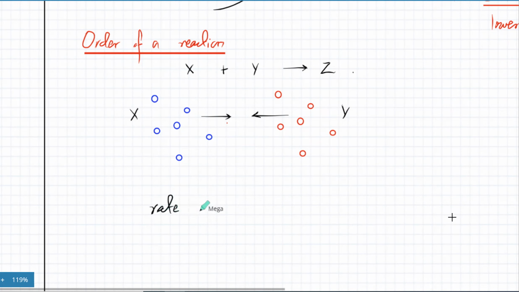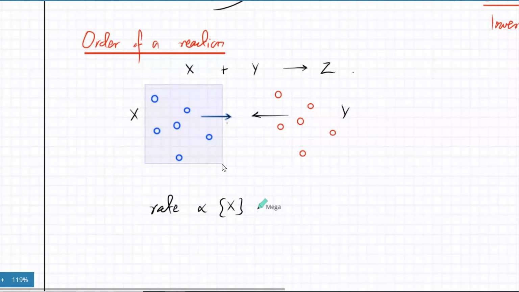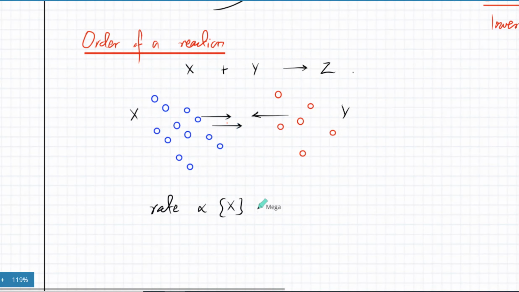For example, if I double the number of particles and make them more concentrated, so I've doubled the concentration of X, then the frequency of collisions would also double because there are more particles. They would bump into each other a lot more. So the rate of the reaction would speed up.